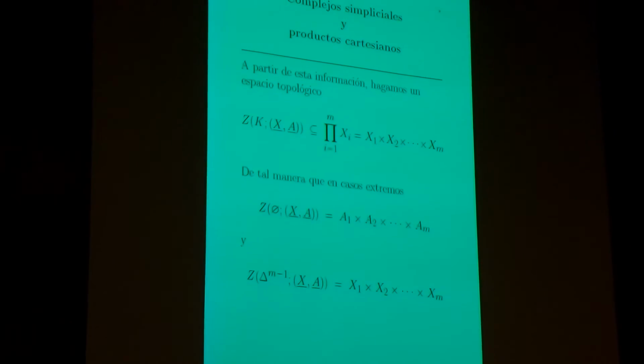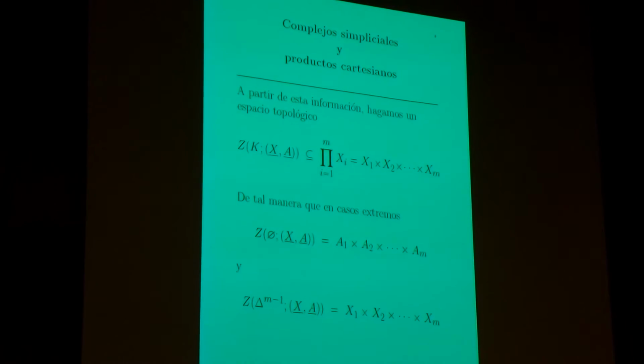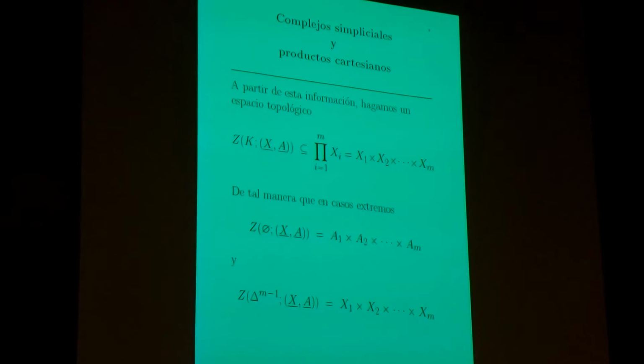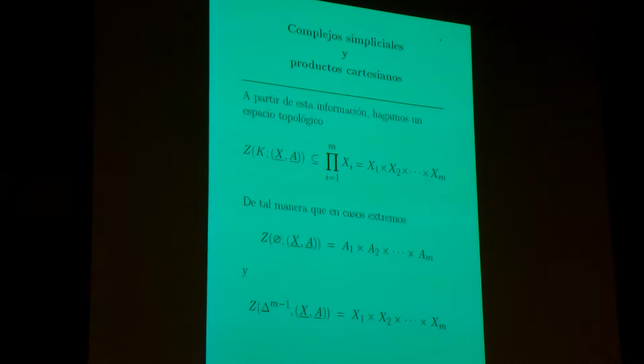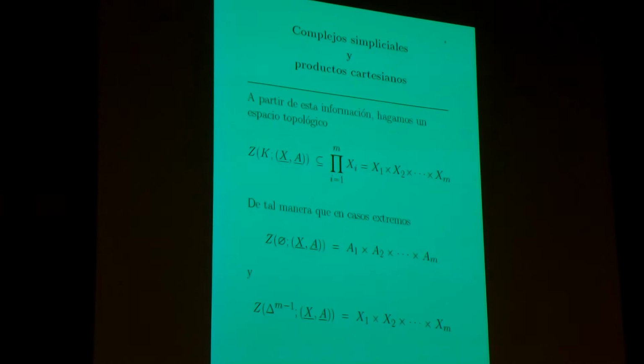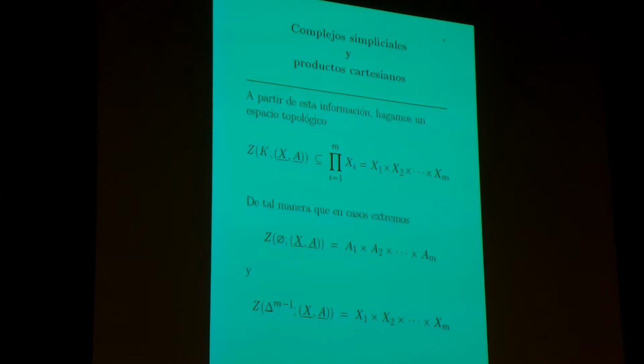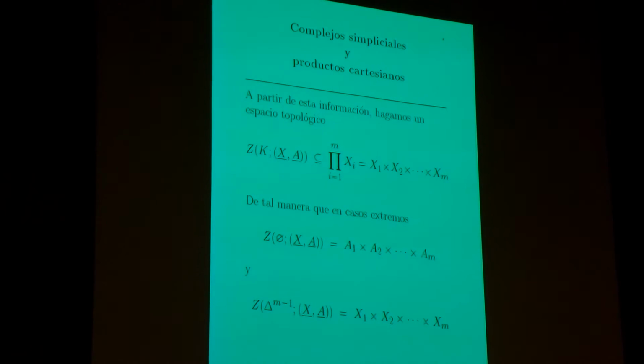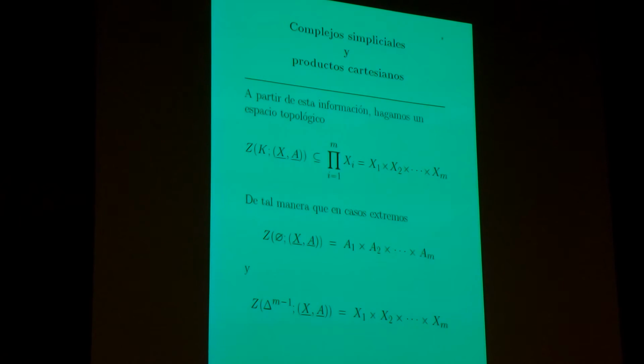So now, with this combinatorial information and geometric information, I apologize for the mathematics symbols, but the symbol on the left, Z(K; X, A), this is the geometric object which I am making. I am making a new geometric object from the K and from the (X, A).